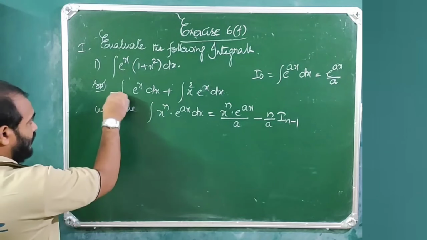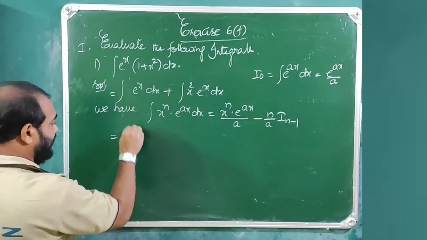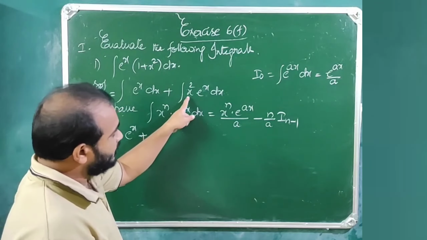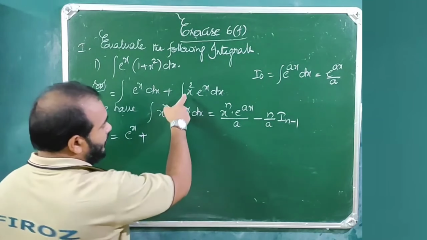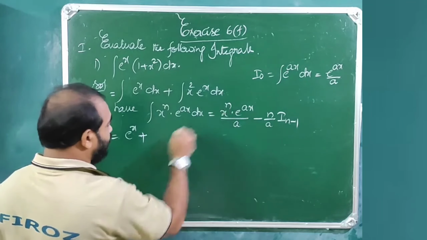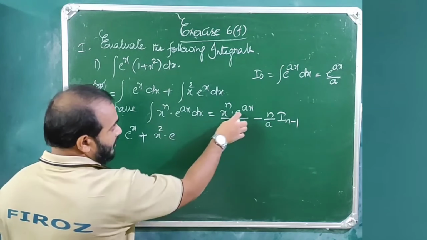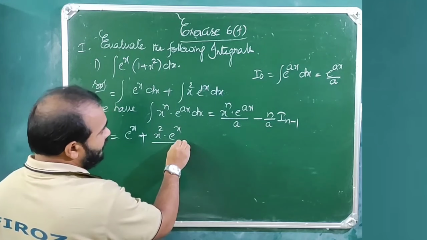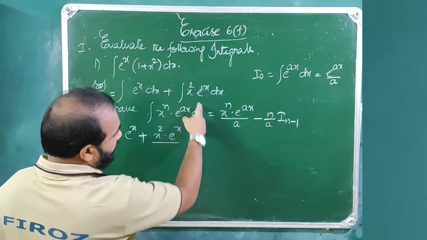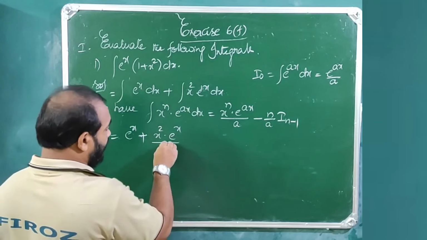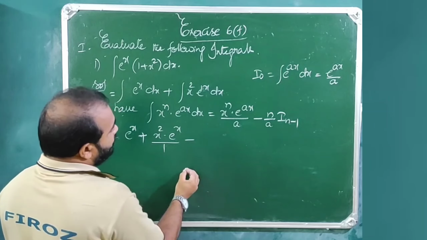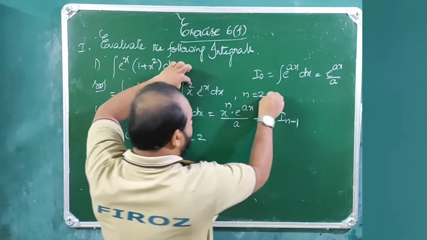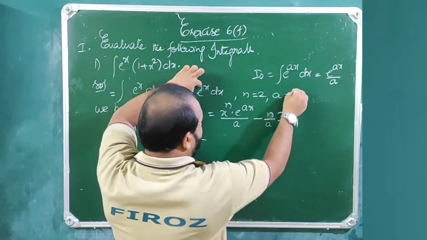Now let us do this. So integral e^x dx is e^x plus, here x^2 e^x, so n is equal to 2 and a is equal to the x coefficient, which is 1.